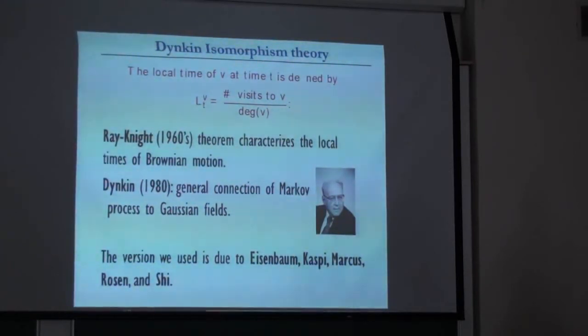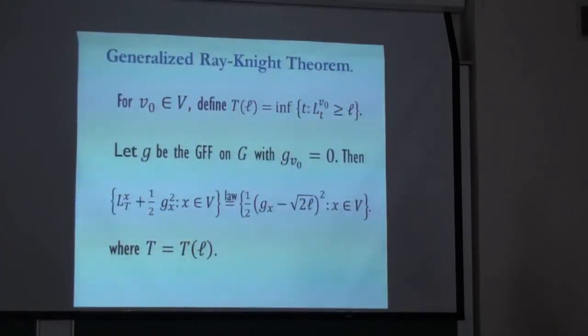The point of this Dynkin isomorphism theory was to obtain continuity results for local times of Markov processes in very general spaces from the corresponding results for Gaussian processes. But the bounds and the connections obtained were so sharp that they are useful for quantitative estimates in discrete settings.